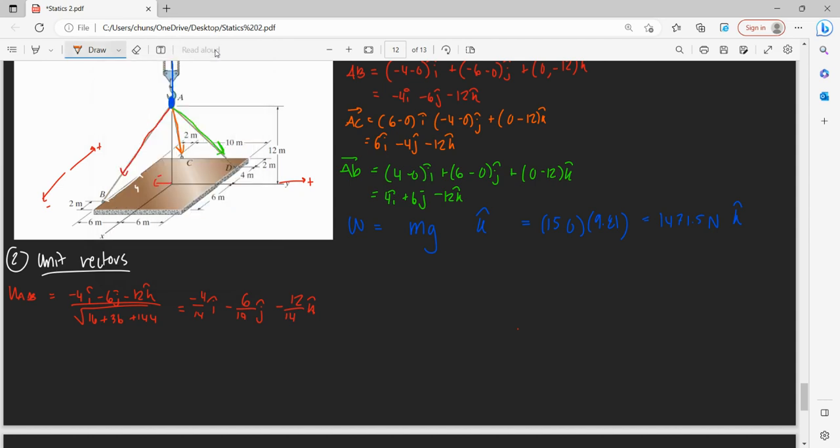Hopefully this isn't too fast for you. So then we're going to take our AC, so 6i minus 4j minus 12k, over square root of 16 plus 36 plus 144, which is also equal to the same thing. So that's 6 over 14 i minus 4 over 14 j minus 12 over 14 k.